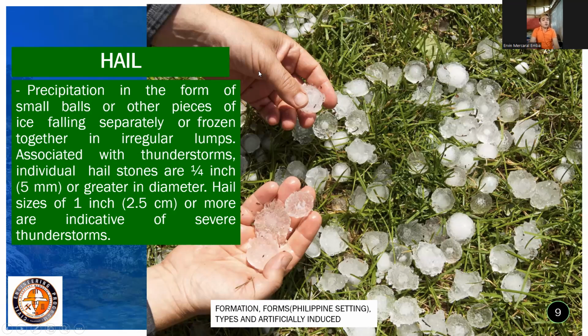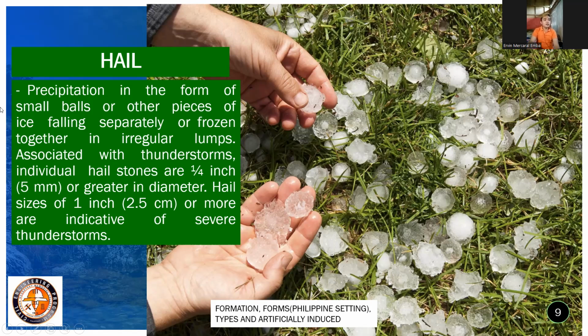So although we do not experience or encounter snow or ice pellets, in some regions we somehow encounter hail when the thunderstorms are present, and the rain is very heavy, so it develops a hail because of the thunderstorms.